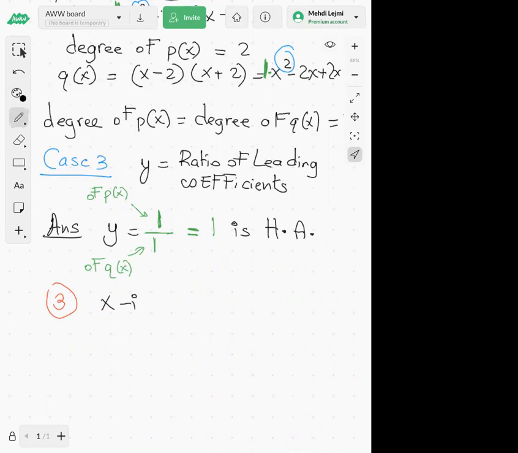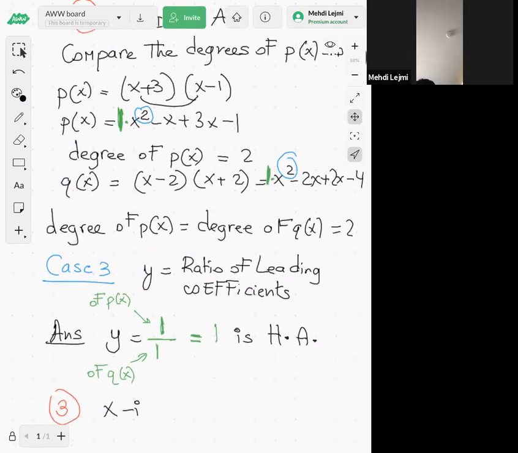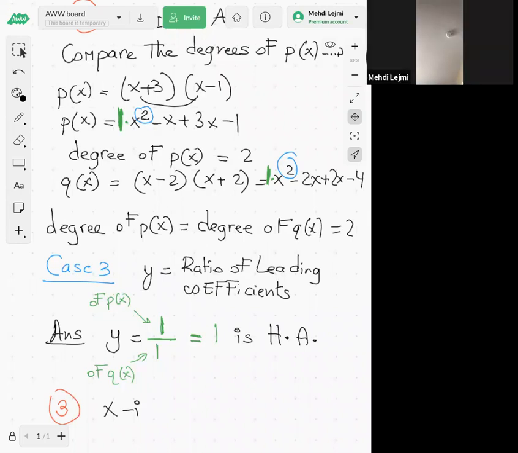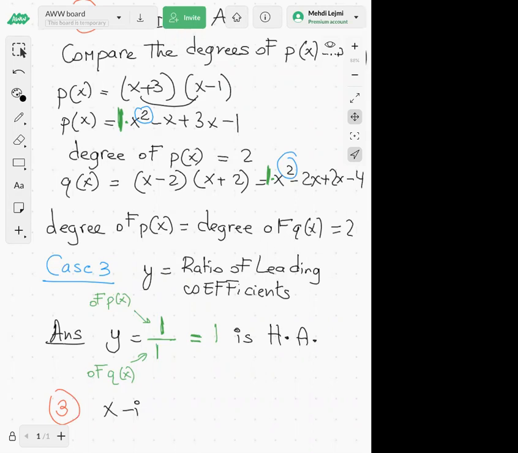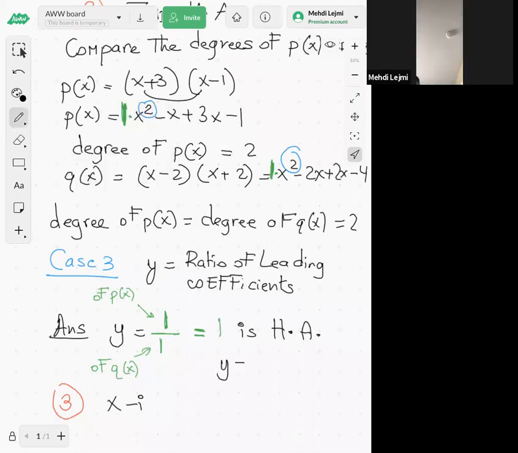Wait, sorry. So we're using 1 over 1? Yes. So the equation of the line is y equals 1. I'm asking why. Oh, why? Okay.